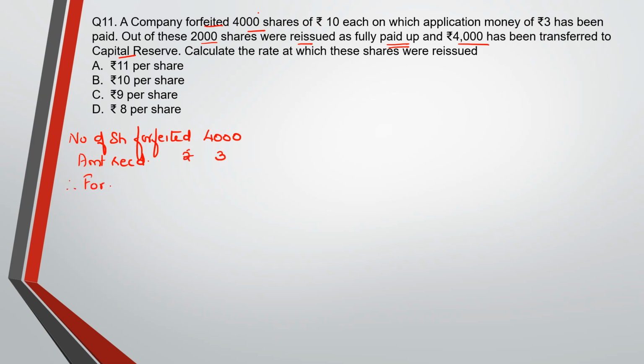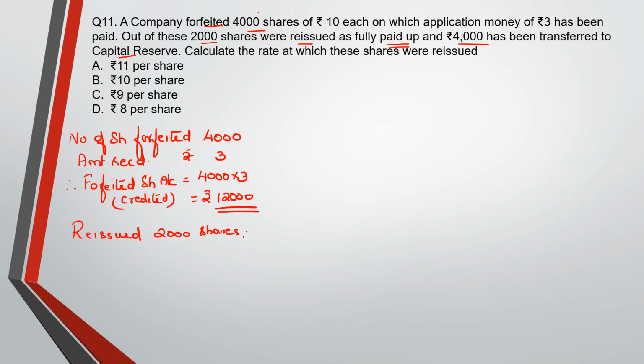Therefore, in the forfeited share account or share forfeiture account, the amount which is credited to it on forfeiture would be 4,000 into 3 rupees, 12,000. This is being credited. This detail we have. But out of this, they are saying they have reissued 2,000 shares.